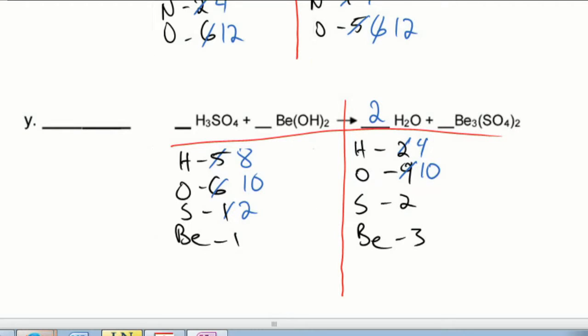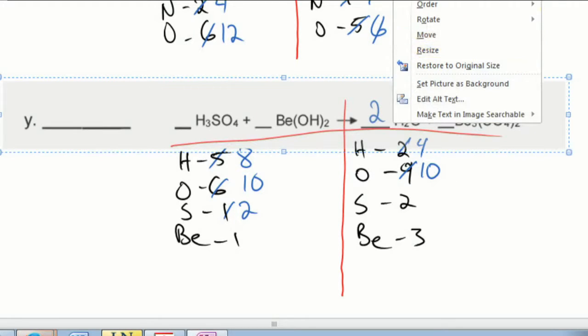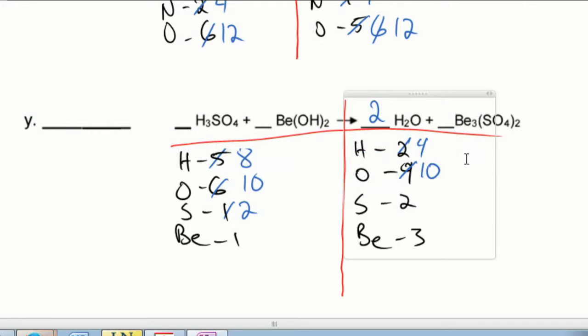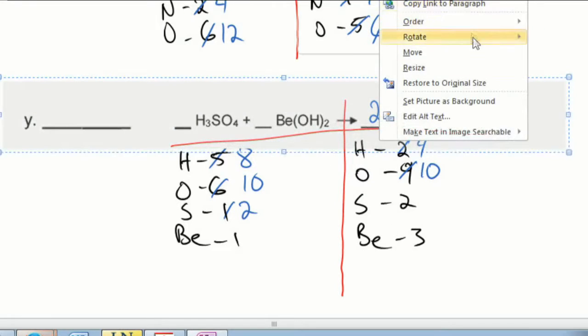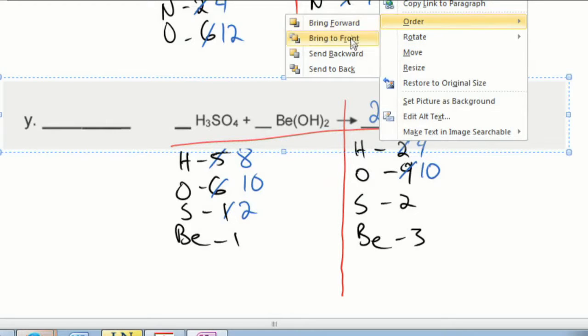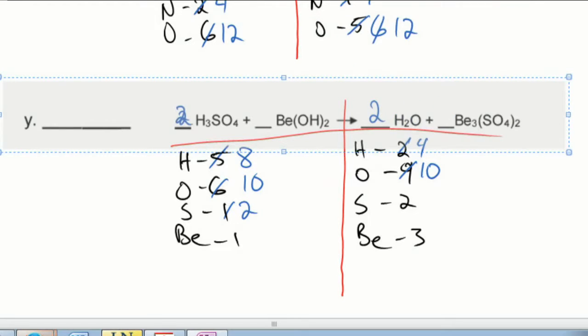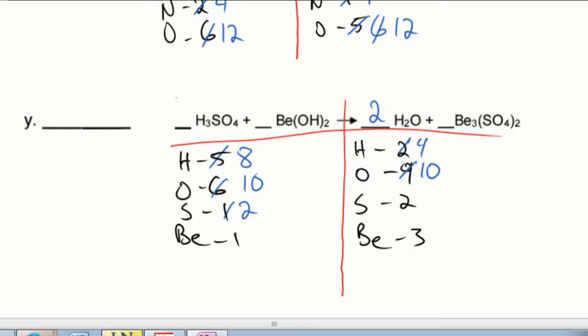I'm gonna have to deal with this beryllium as well. I could see how you would have issues with this. There you go. Beryllium.